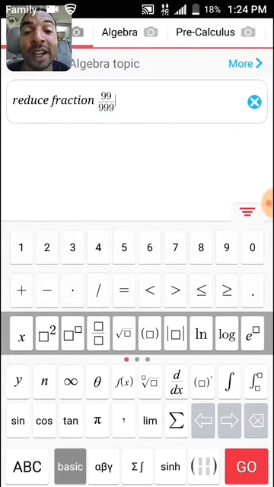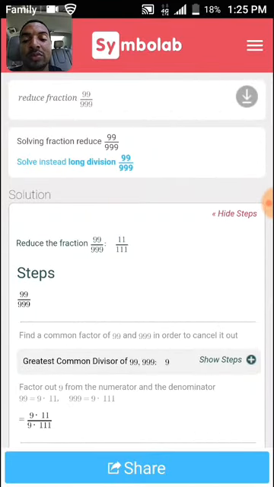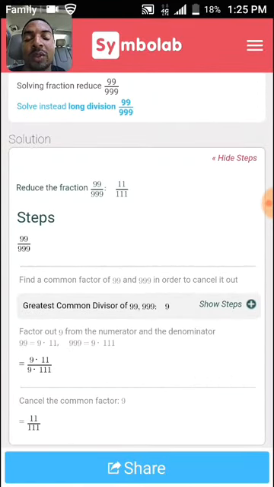What about 99 over 999? Don't get confused by the consecutive numbers. Let's reduce this. So 99 can be divided, and 999 can be divided.